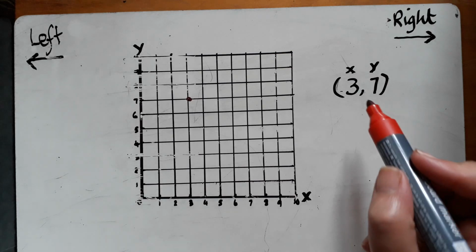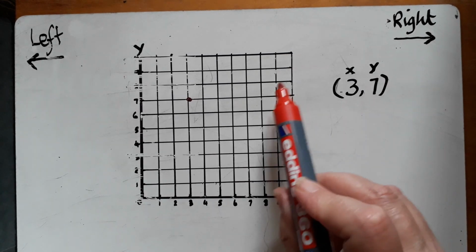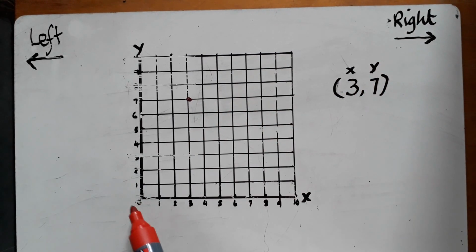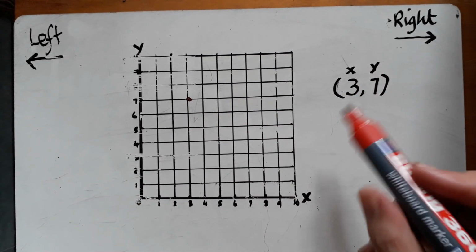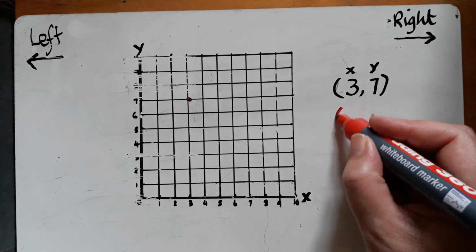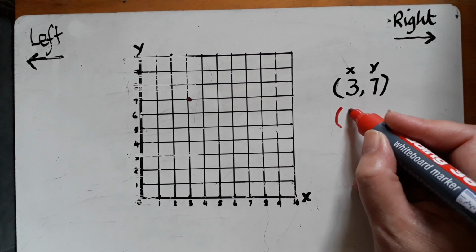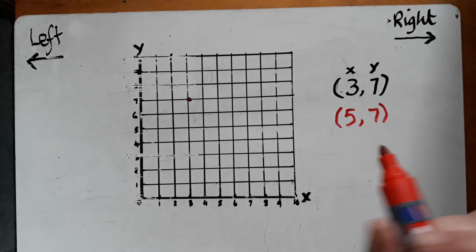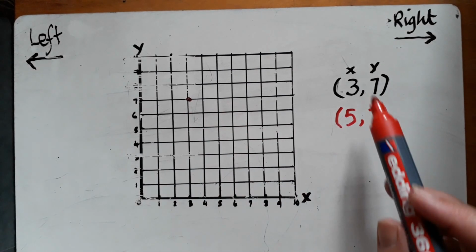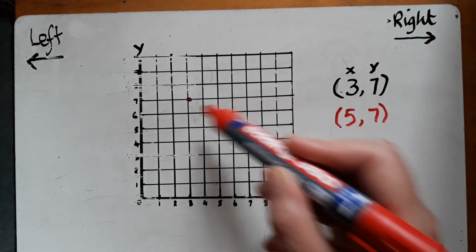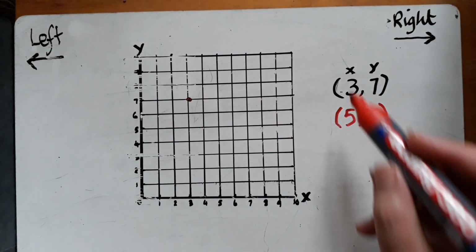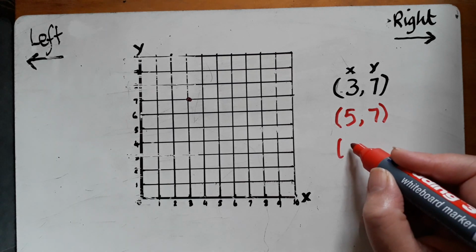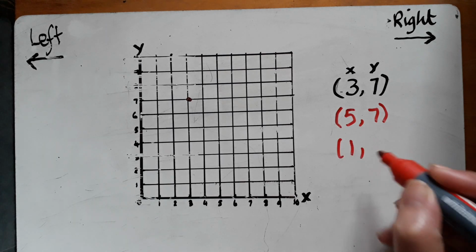So if I was going 2 to the right, okay, remember our x-axis, this digit would increase by 2. Okay. Alright, so we would just be going 2 along. If I was going to the left, the x digit would decrease by 2.